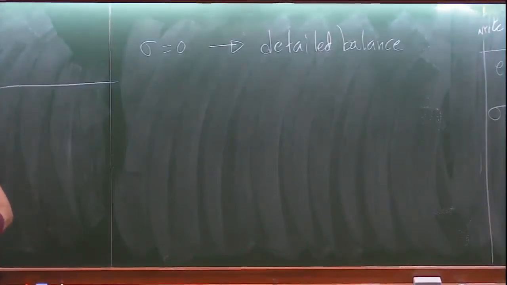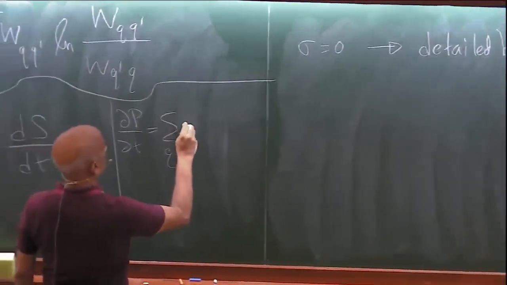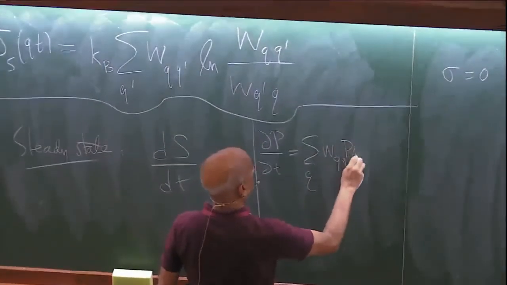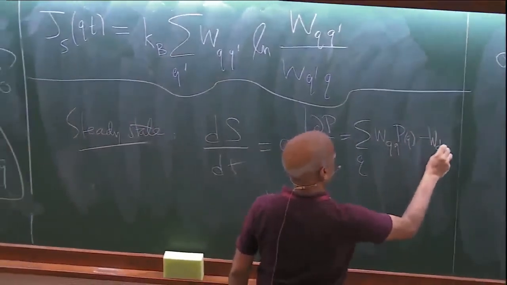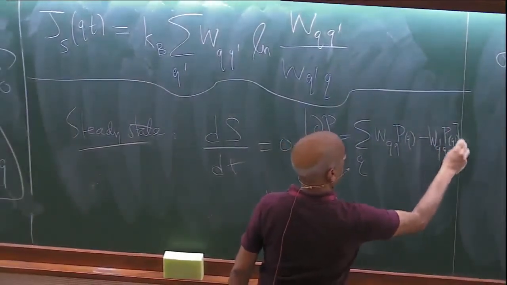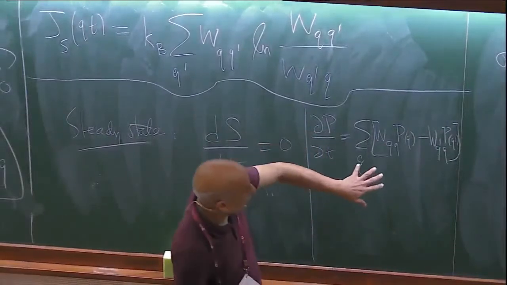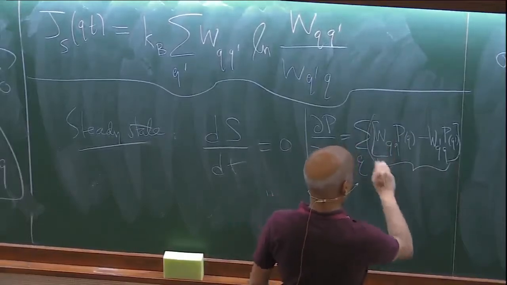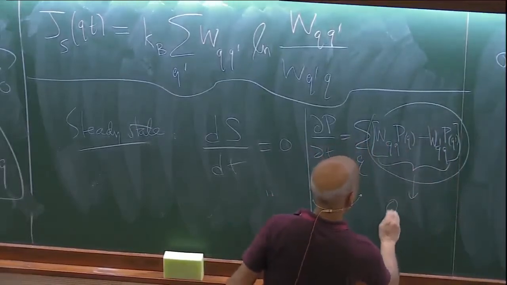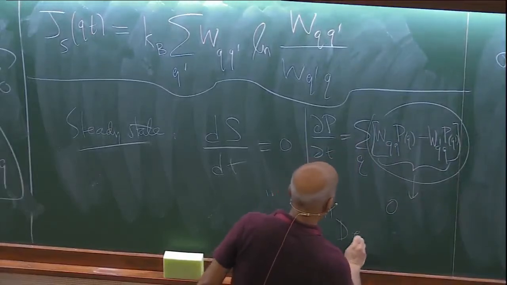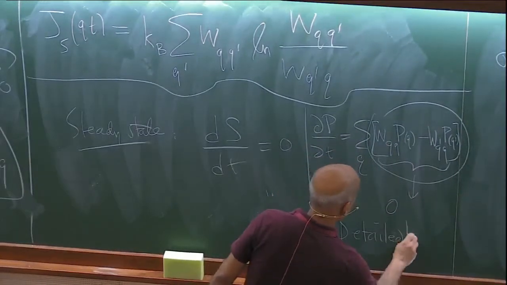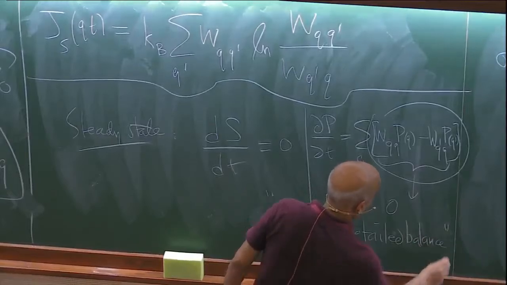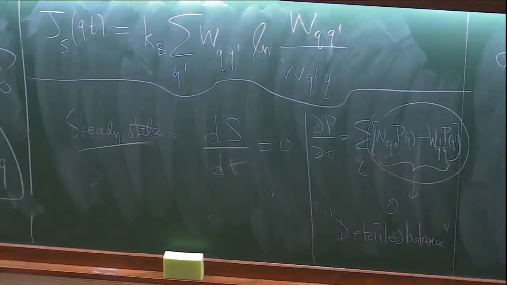Remember, our starting point was dp over dt is the sum over q prime of W(q,q') p(q') minus W(q',q) p(q). And I told you that you could have a highly restricted kind of steady state where the summand itself is 0. That's called detail balance. We've rediscovered detail balance by constructing an object which we call the local entropy production and finding that it vanishes.